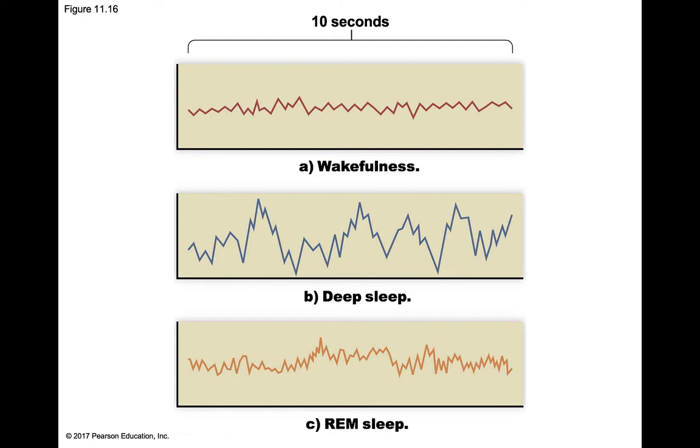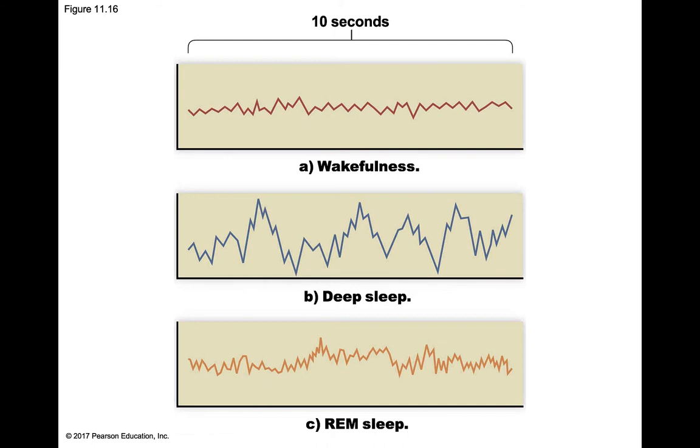Here, you're basically looking at measuring brain activity during sleep. So first is wakefulness, and then we see the differences between deep sleep and REM sleep. And REM sleep is rapid eye movement. Now, we spend different amounts of time in each sleep phase, so a night is made up of going in and out of the various phases of sleep.